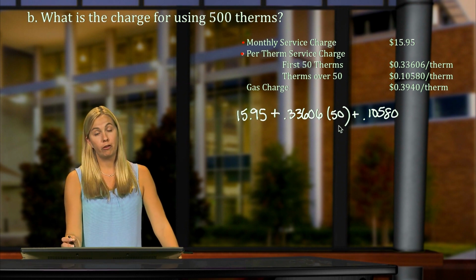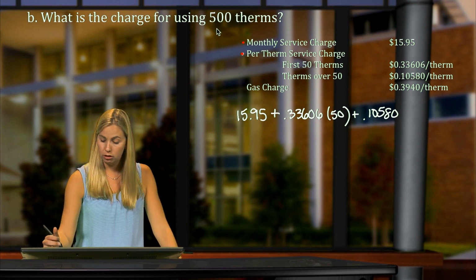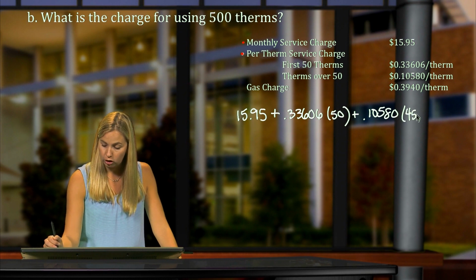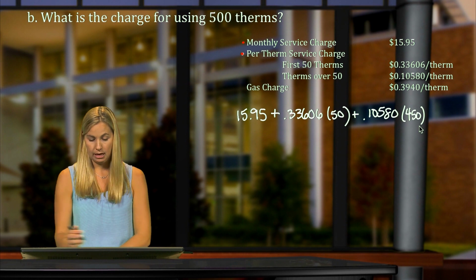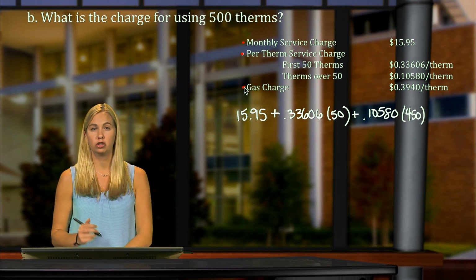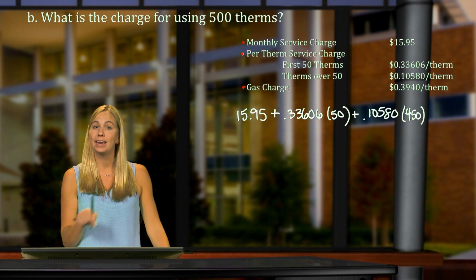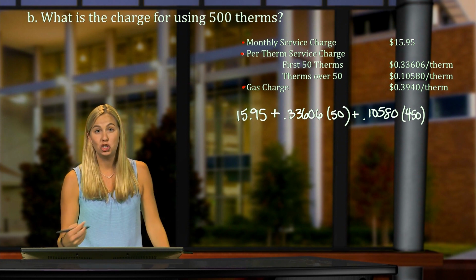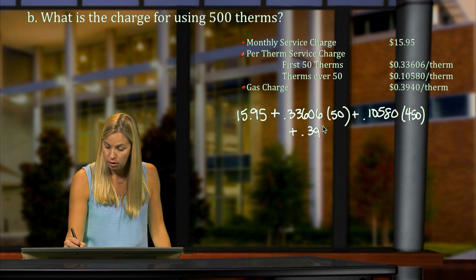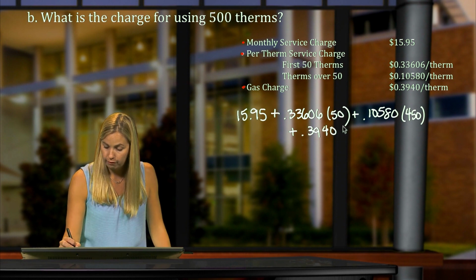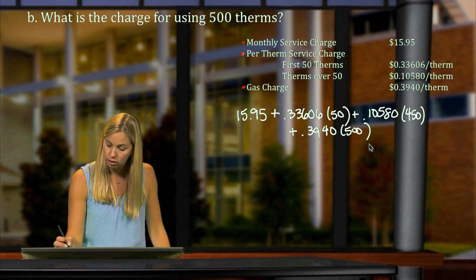Well, if I've already paid for 50 therms and I used 500, there are 450 therms remaining. And then we still have to consider our gas charge, which is not dependent on the number of therms, so it doesn't change. We're going to pay the same 39 cents for all 500 of those therms.